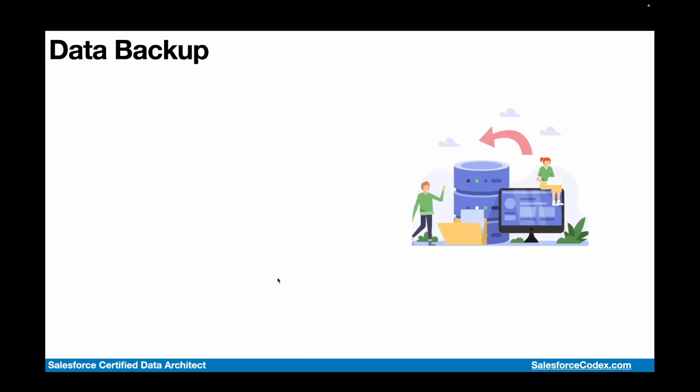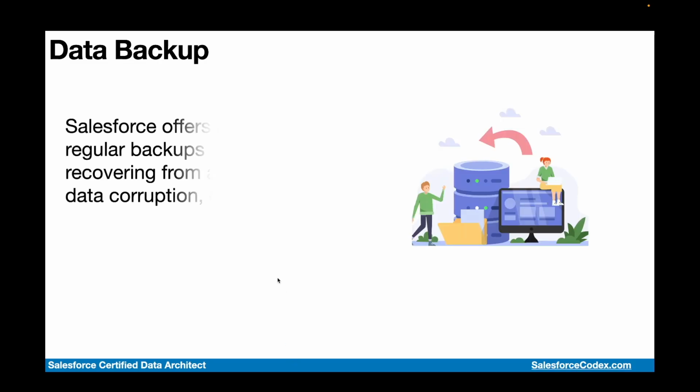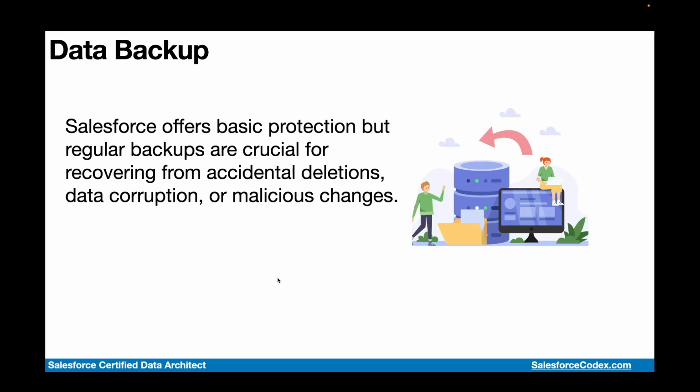Next, we have data backup. While Salesforce is a highly reliable and secure platform, human errors, integration failures, and unforeseen events such as data overrides or malicious activity can still occur.